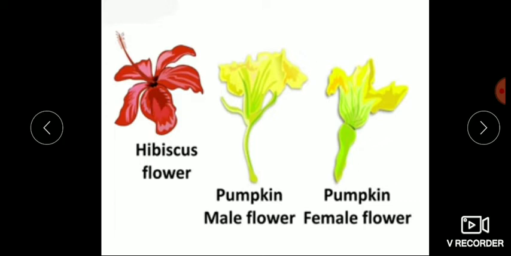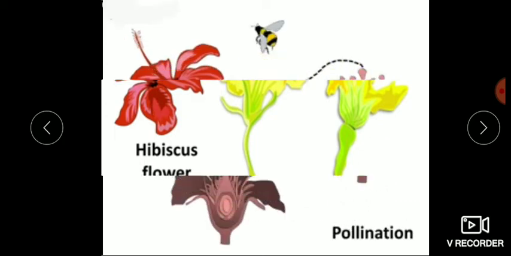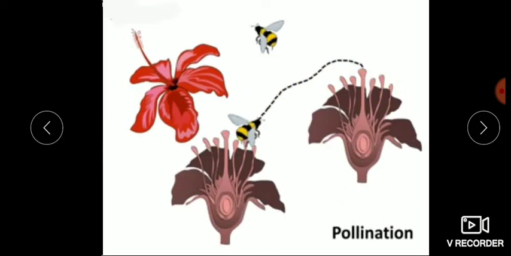So I have a question. Why do insects get attracted? So we will discuss. The color of the pistil and the scent of the flower attract the insects.